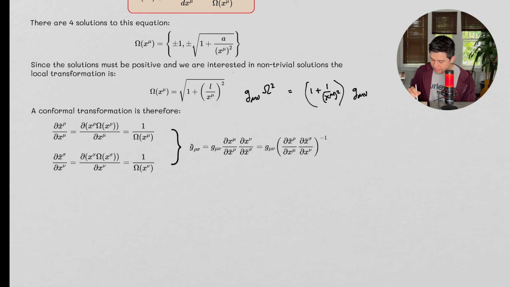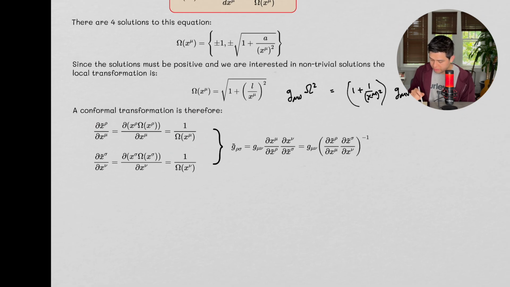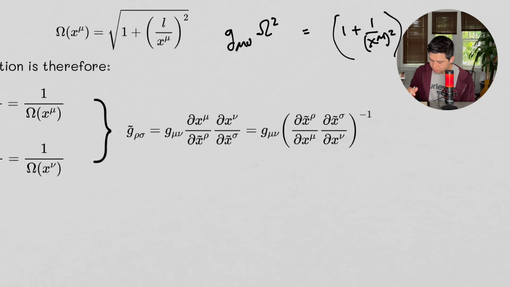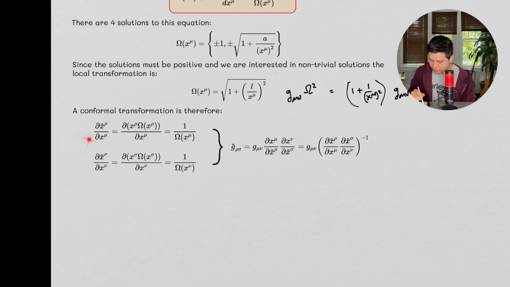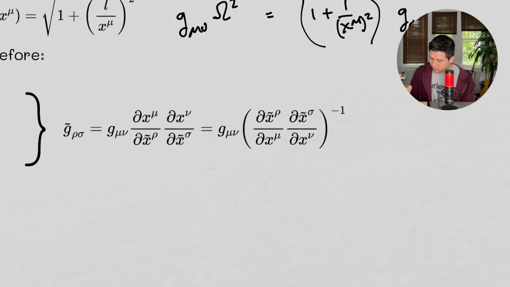And we can see that this is true because when we plug these into our formula for our metric, our metric is this guy times these transformations, which is the inverse of these two guys. So we calculated these two, which are right here.